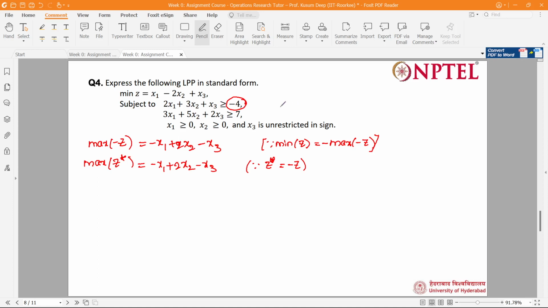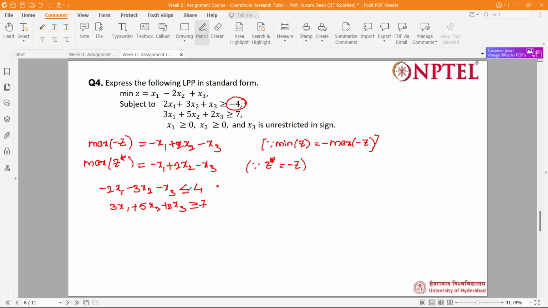So we need to make it positive by multiplying by minus 1 on both sides, so that minus 2x1 minus 3x2 minus x3 is less than or equal to 4, and the other inequality 3x1 plus 5x2 plus 2x3 is greater than or equal to 7. So we need to convert these into equations.